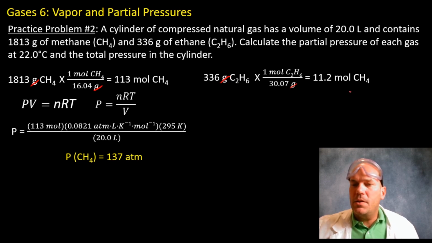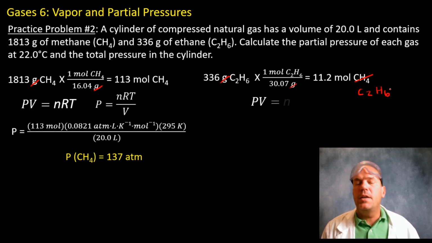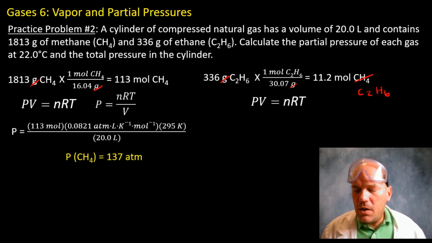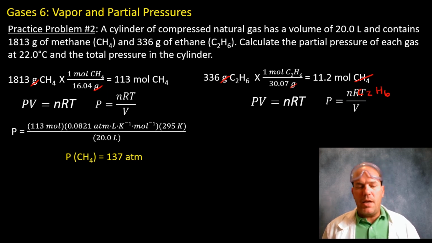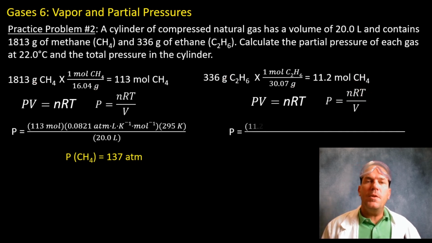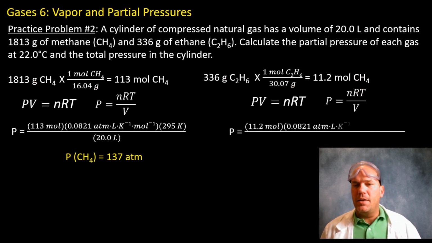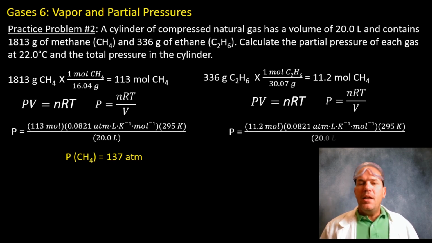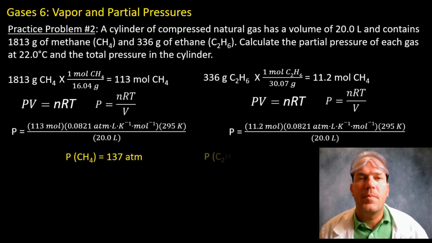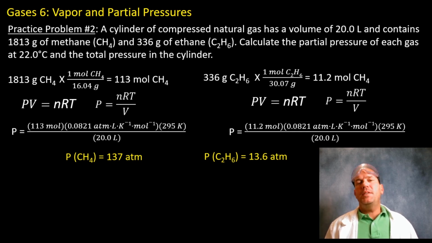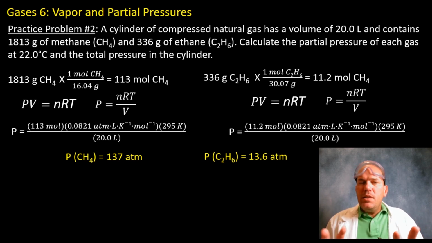Okay, so this here should say ethane. No worries. Moving on. Let's use the ideal gas law and rearrange it to solve for the pressure of ethane. And the pressure of ethane is going to be 13.6 atmospheres.